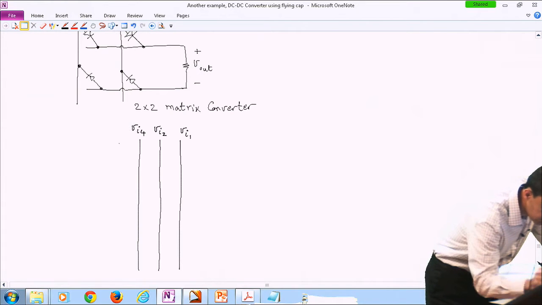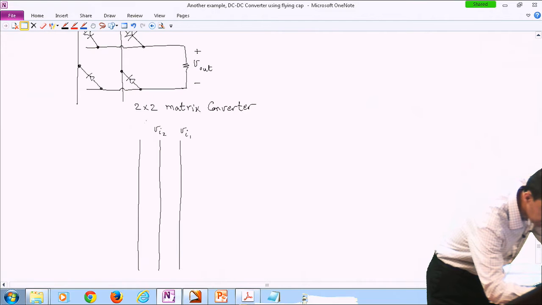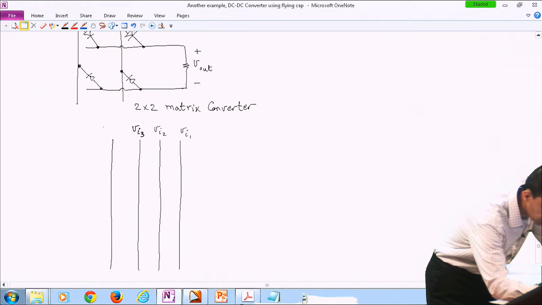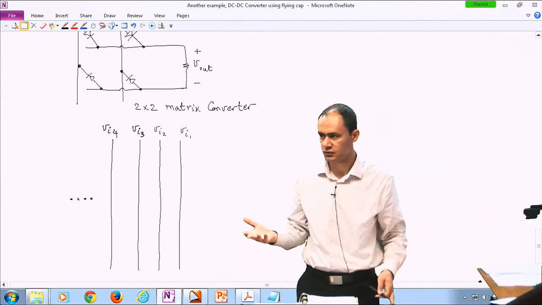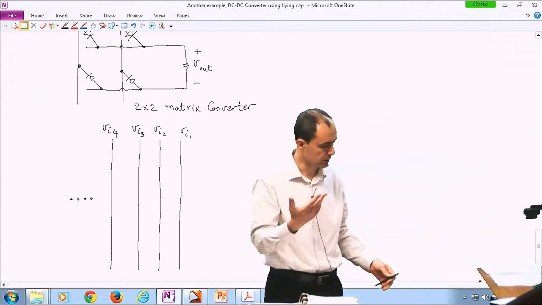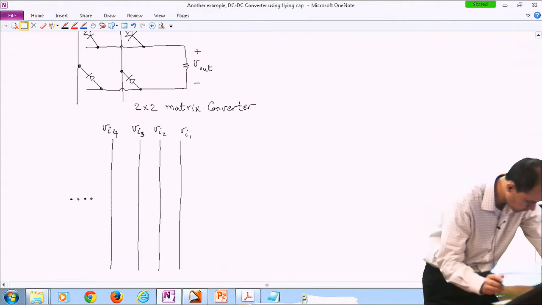I'm sorry, I said 3, but I drew 4. And VI4. And you can add more lines. A lot of times our source is a three-phase, maybe with a neutral point as well, so maybe a maximum of 4. If you have a 6-phase or a 5-phase system, you may have more.